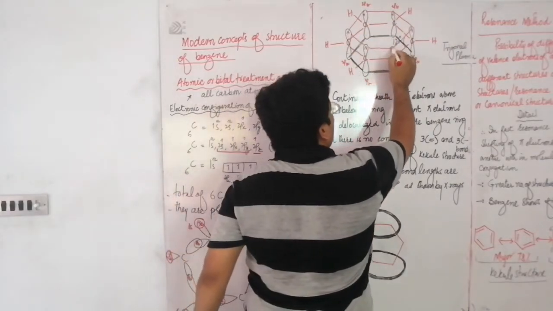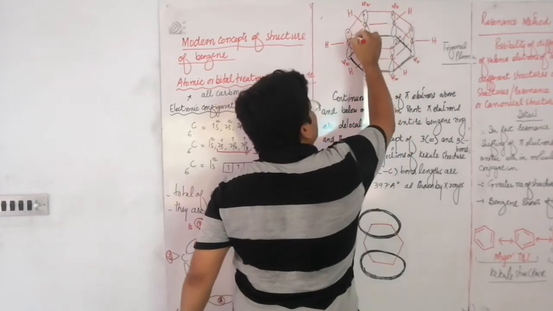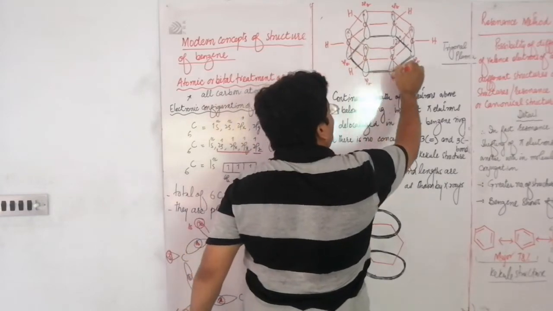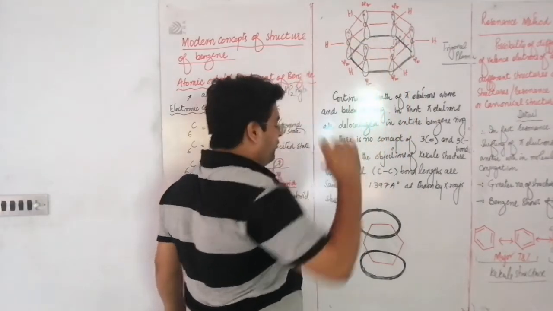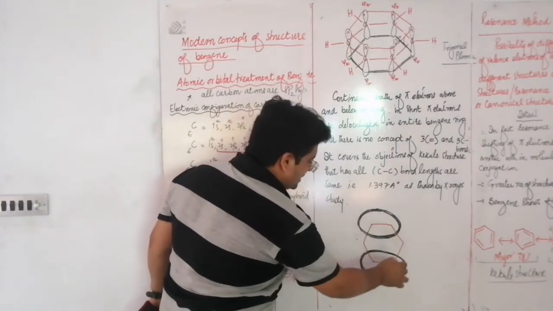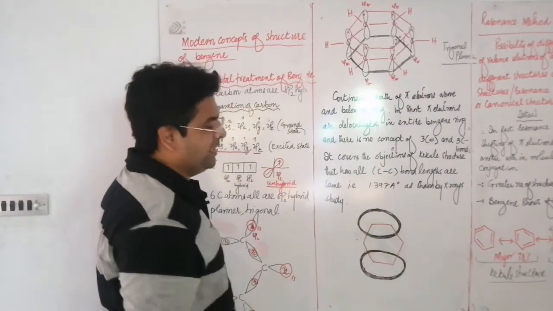It overlaps above, shown by red color, and below, shown by black color, forming a sheath of pi electrons that spreads in the whole ring.